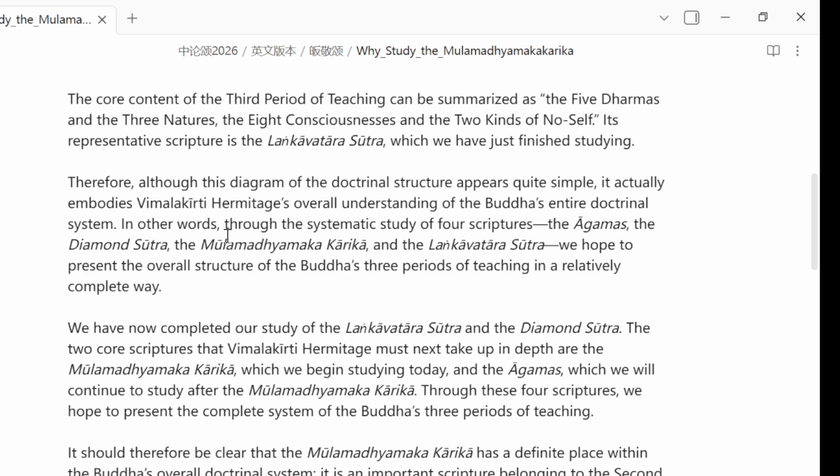In other words, through the systematic study of 4 scriptures, the Agamas, the Diamond Sutra, the Mulamadhyamakakarika, and the Lankavatara Sutra, we hope to present the overall structure of the Buddha's 3 periods of teaching in a relatively complete way.